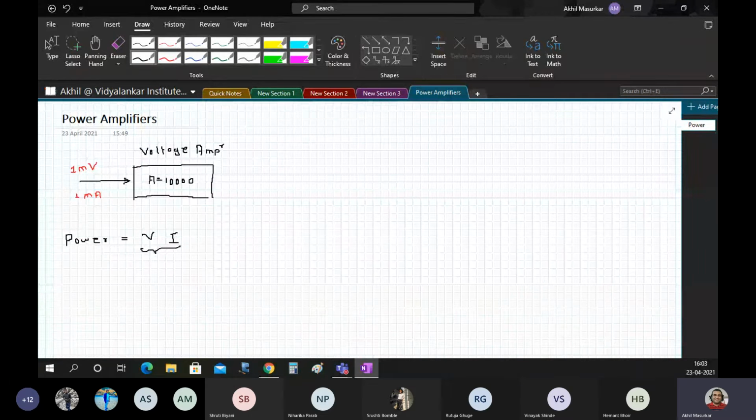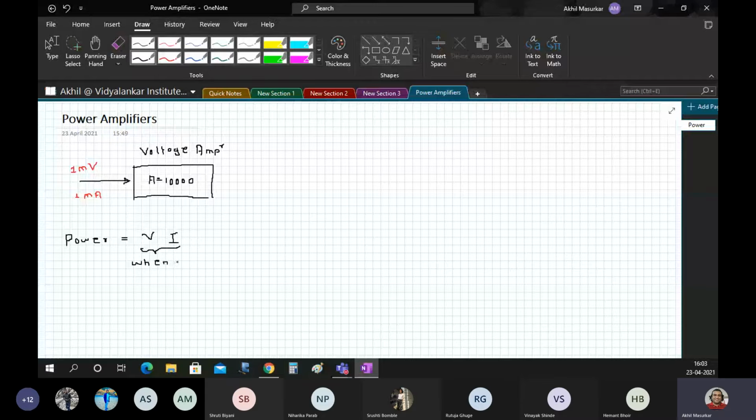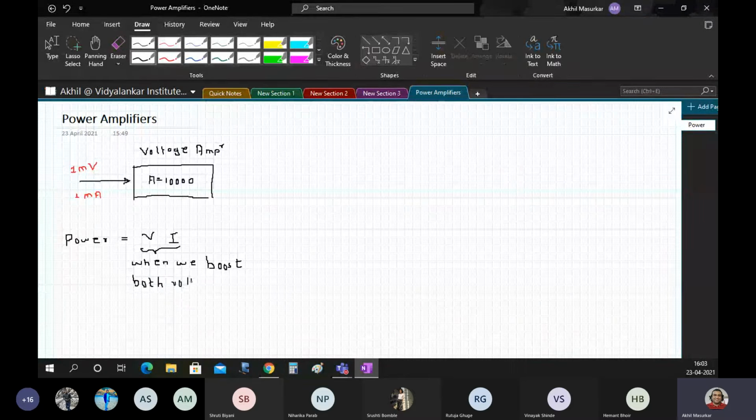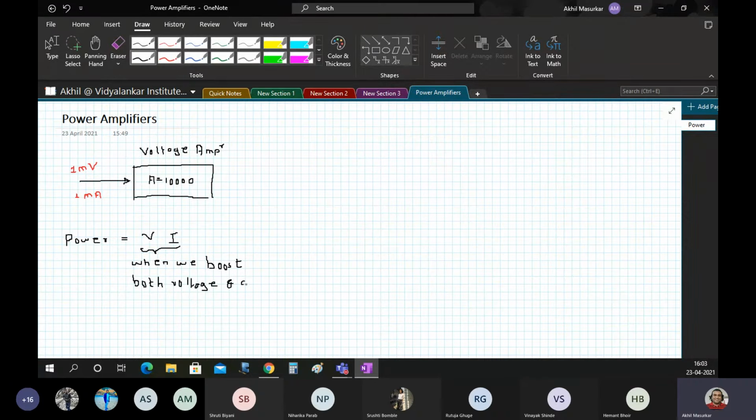So when we boost both voltage and current, we will say we get some kind of power amplification.